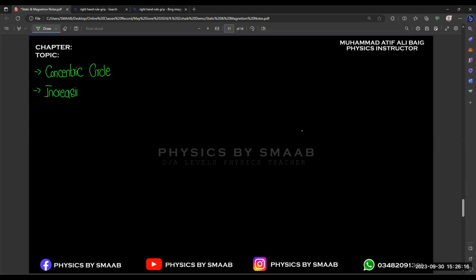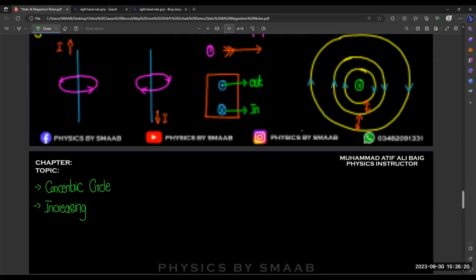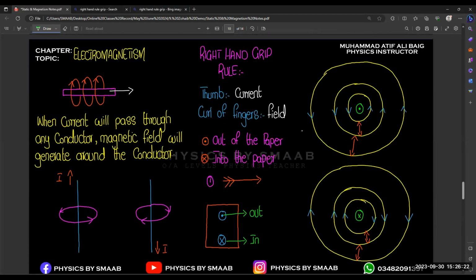Sir, what is the concentric circle? Can you explain again? Basically as you can see, we are drawing circles around a single conductor, right? Your circles will be like this, because I also used to draw with free hand, because in the paper you are not going to draw with the compass, it is not compulsory.